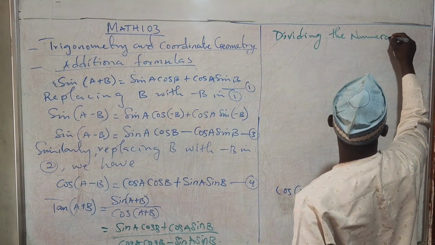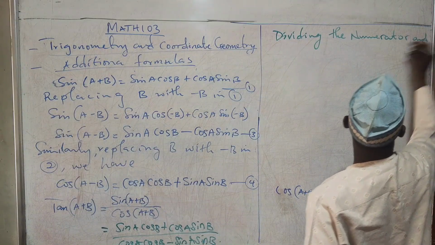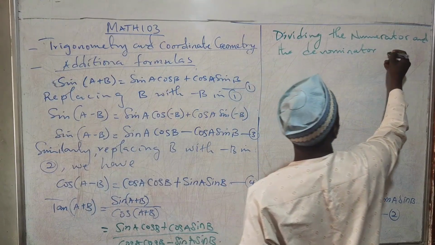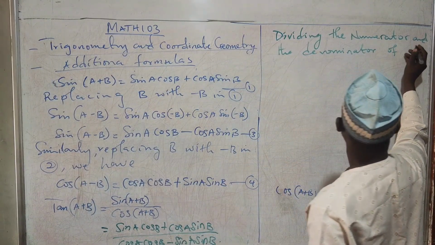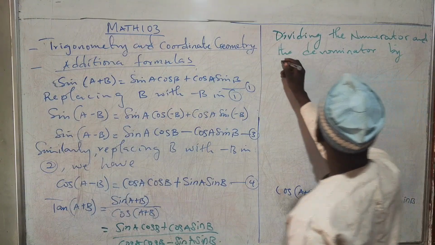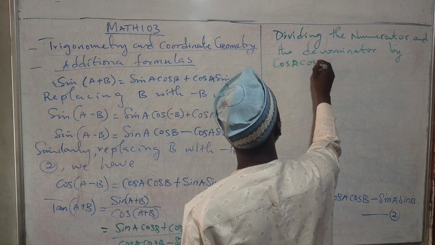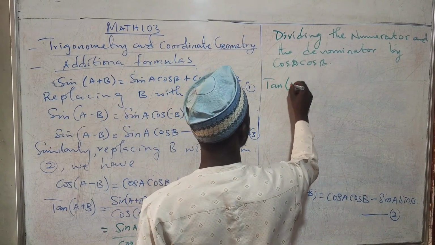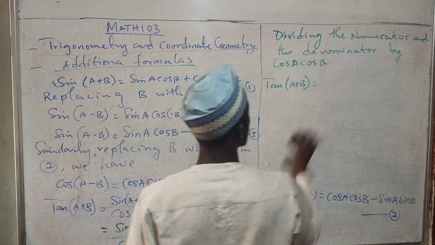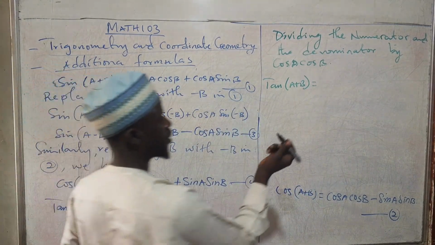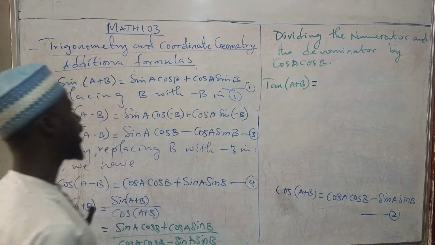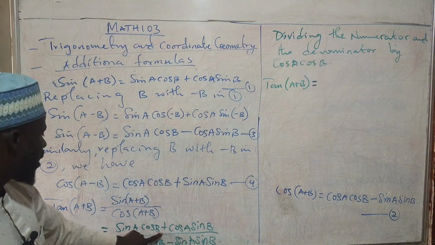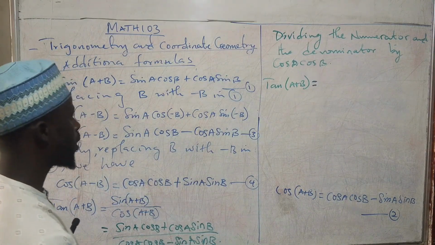You have tan A plus B is equal to, so you divide here by cos A cos B. What do you have?